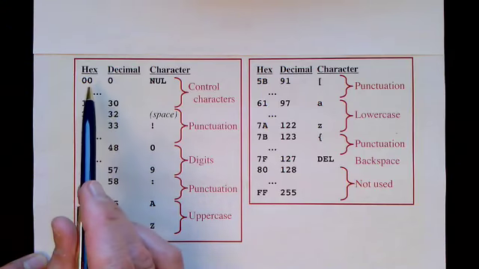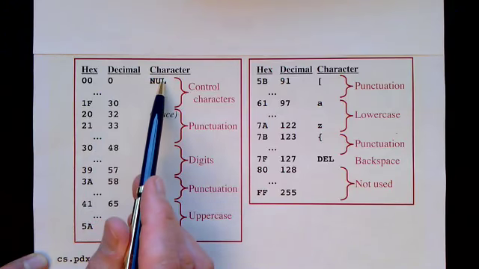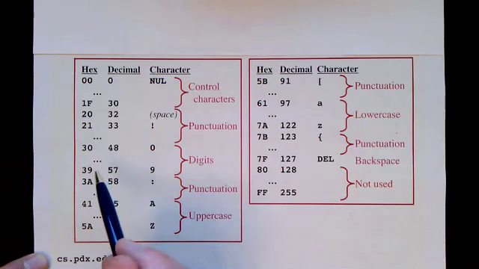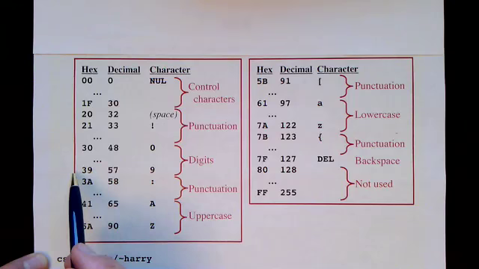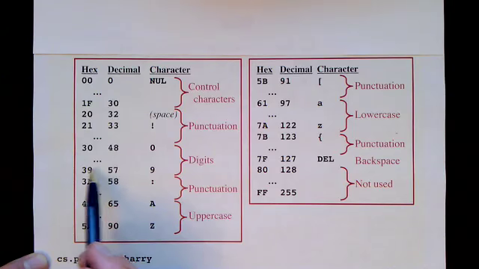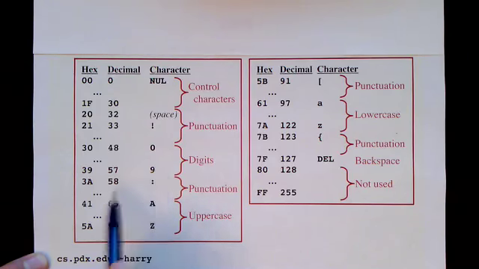So for example, the bit pattern with 8 zeros encodes something we call the null character. As another example, the bit pattern of hex 39, which would be 0011 1001, encodes the character 9. Okay, not the number 9, but the character 9.